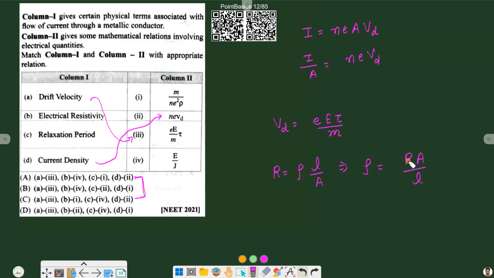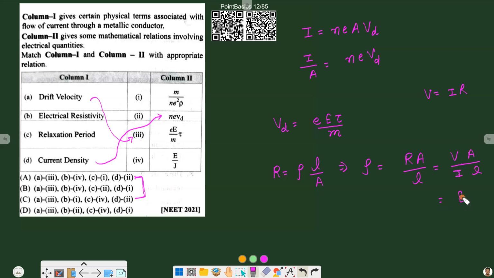Using this formula, resistivity comes out to be this. Now we know from Ohm's law that V is equal to IR, and from that R is equal to V by I. So resistivity is V by I into A divided by L. And we know that current by area is current density, that is J, and potential by distance is electric field.